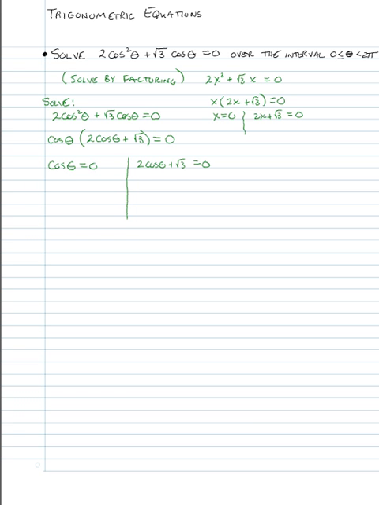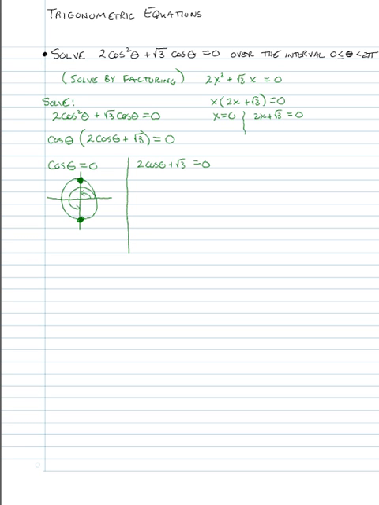Well, for the cosine of theta equal 0, and we're only looking at values of theta between 0 and 2 pi, where is the cosine of theta equal to 0? It's equal to 0 when we're at this position or this position. And of course, we're talking about angles like this or like this.